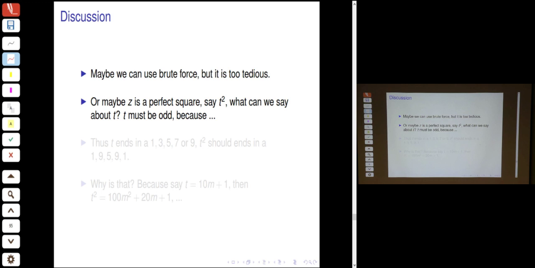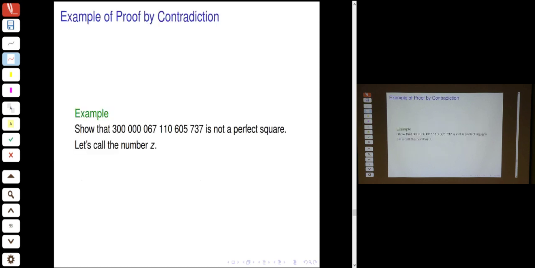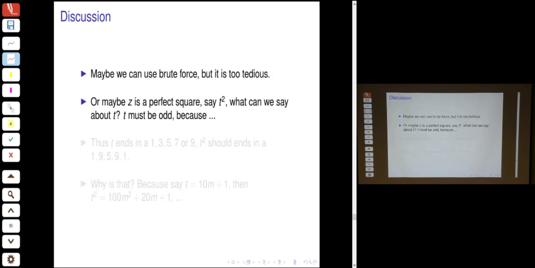Do you see the reason? Can z be a square of an even number? No, because the square of an even number is even. Now this funny z is not even, so it cannot be a square of an even number. So t must be odd.